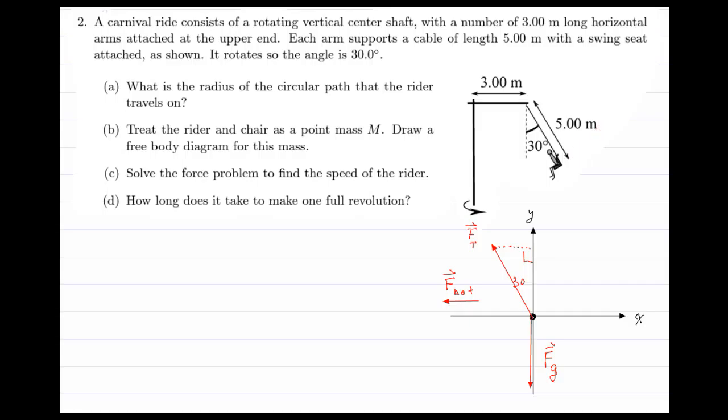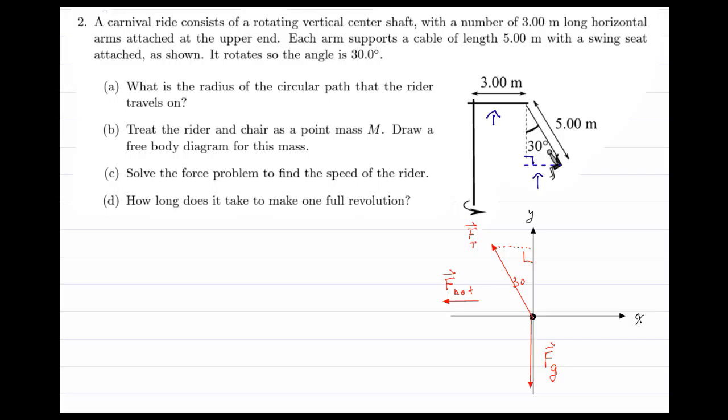Okay, the first question here was we're asked to find the radius of the circular path of the rider. Well, this is quite simple. If you look at the person, I've just created this right angle triangle right here, and looking at the two distances that we need, this 3 meters for this arm, and we need to add this distance, which we can get from the right angle triangle.